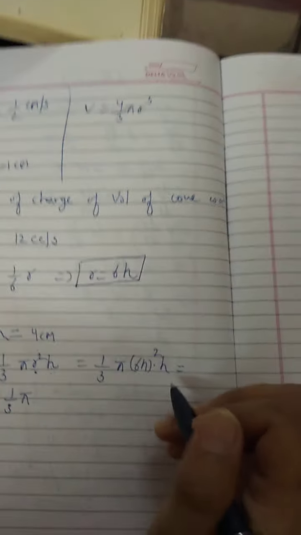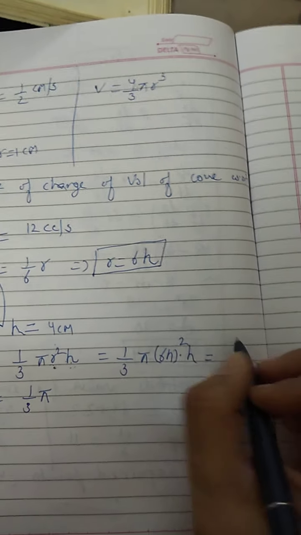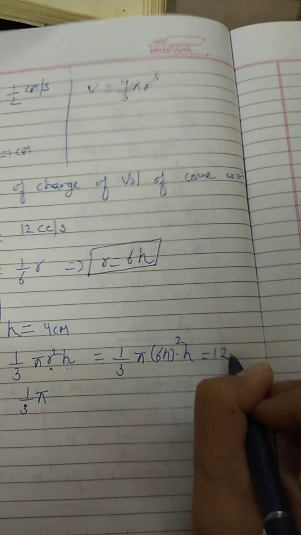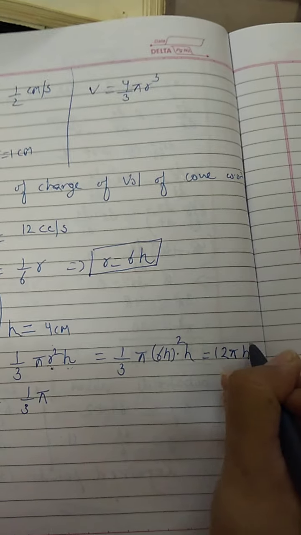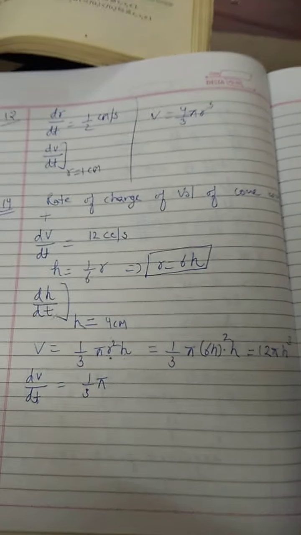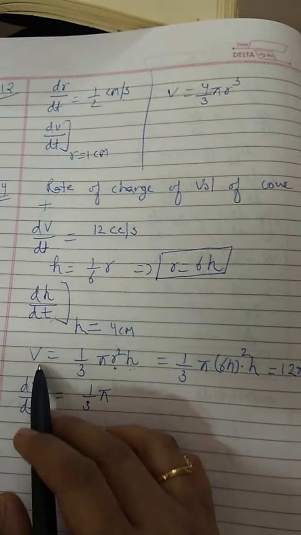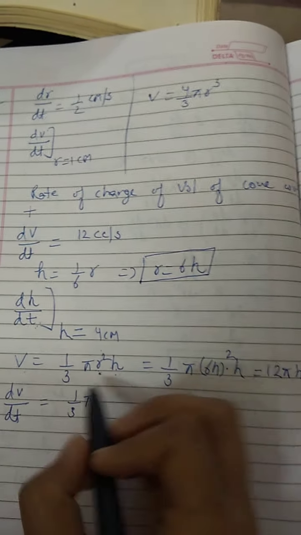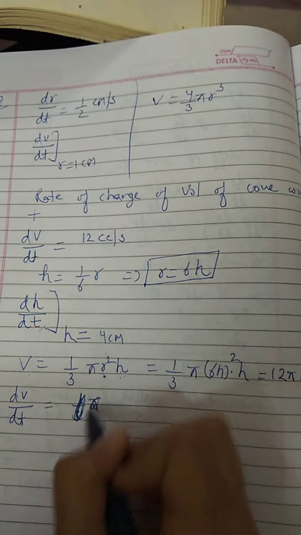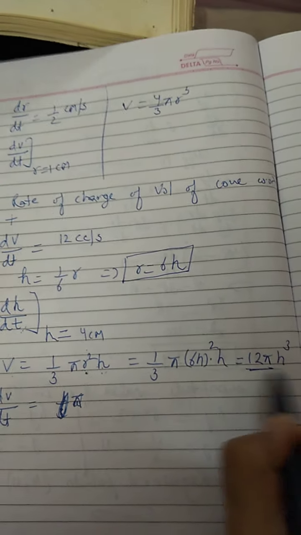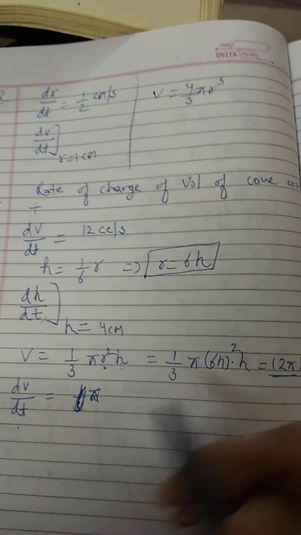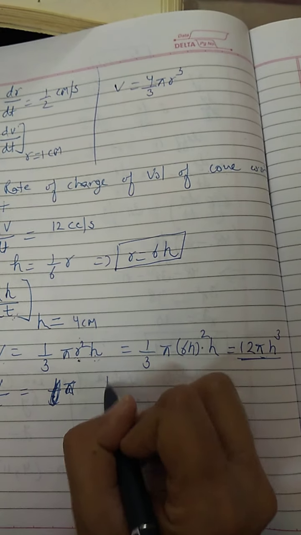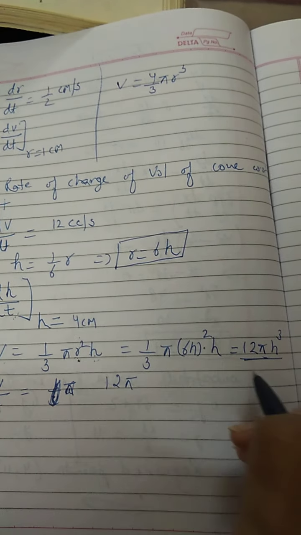So it will become 3, 1 6 will get cancelled. It will be 12 pi h cube. Okay, so this is now the new volume in terms of height only. So when I differentiate this volume 12 pi h cube with respect to t, right, it will be 12 pi constant, it will come as such.